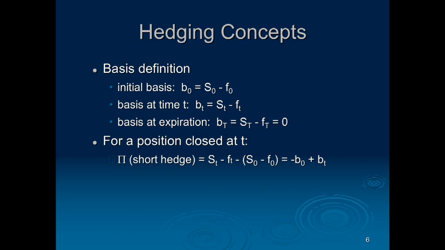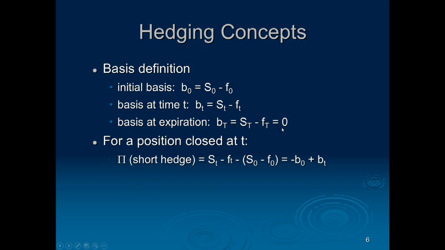So, if that's the case, then let's look at this particular example. Do we know what profit we're going to make? Yes. We're going to make what? Initial basis, right? We know that the profit we're going to generate is going to be equal to initial basis, because final basis is always going to be the expiration basis, equal to 0.